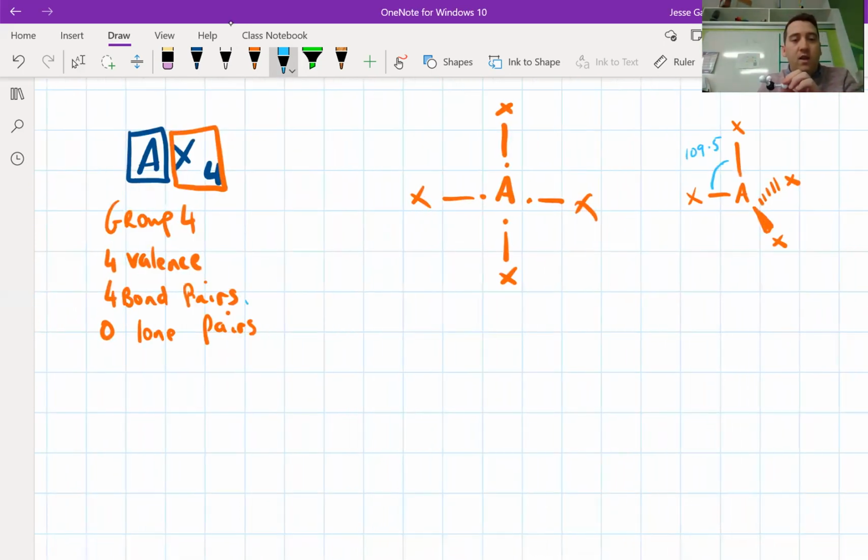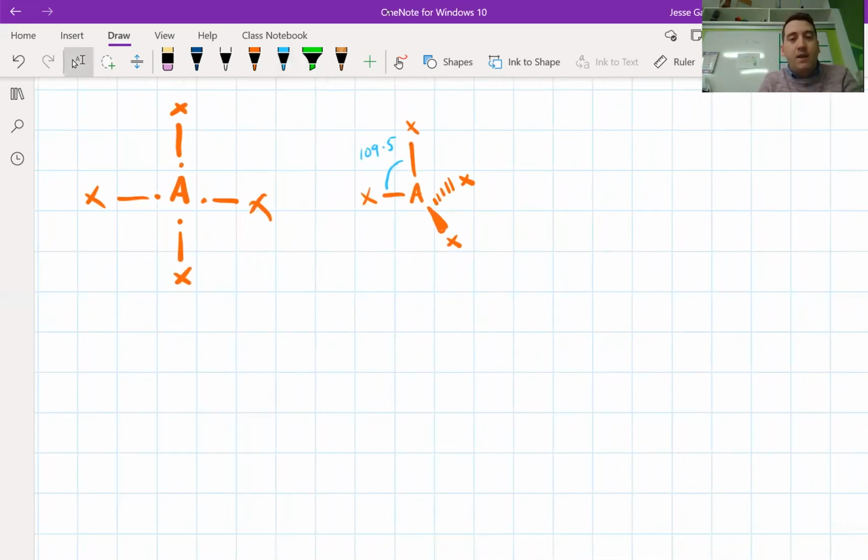They're all the same as each other. They're just bond pairs of electrons, and they're equally repelling each other out. And the furthest apart they can get is 109.5 degrees. That's an important number. So the bond angle here is 109.5, and the shape is called a tetrahedral.